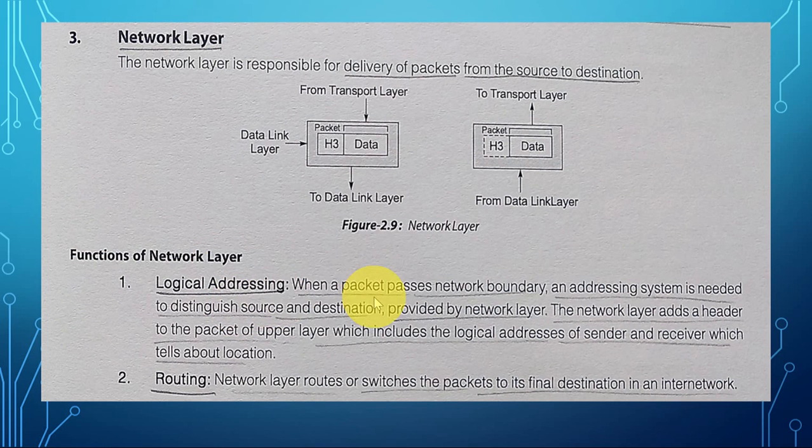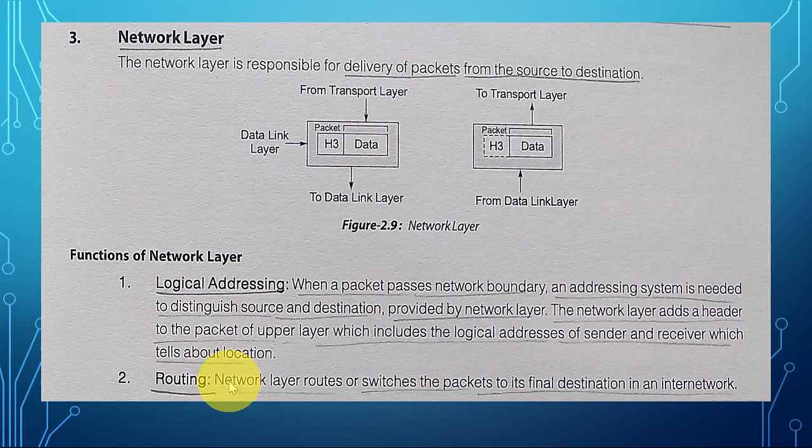When packets pass a network boundary, an addressing system is needed to distinguish source and destination, provided by the network layer. The network layer adds a header to the packets from the upper layer, which includes the logical addresses of the sender and receiver, which tells about the location.